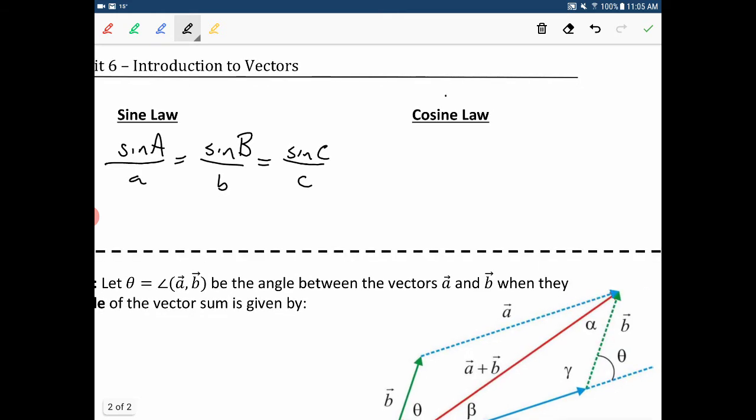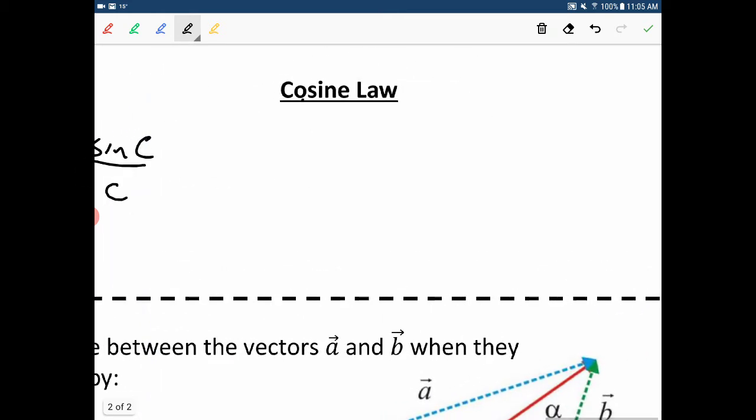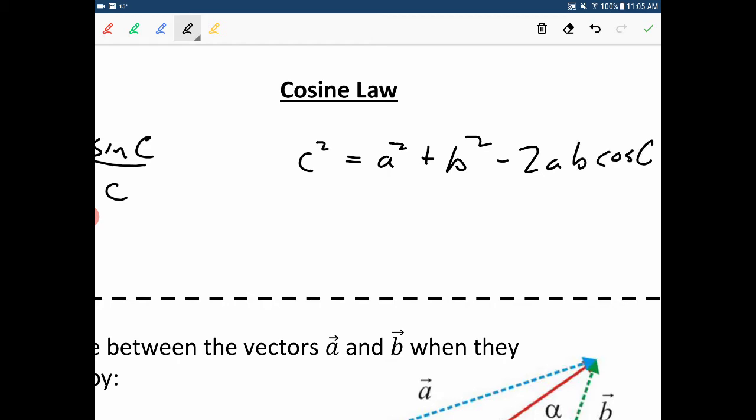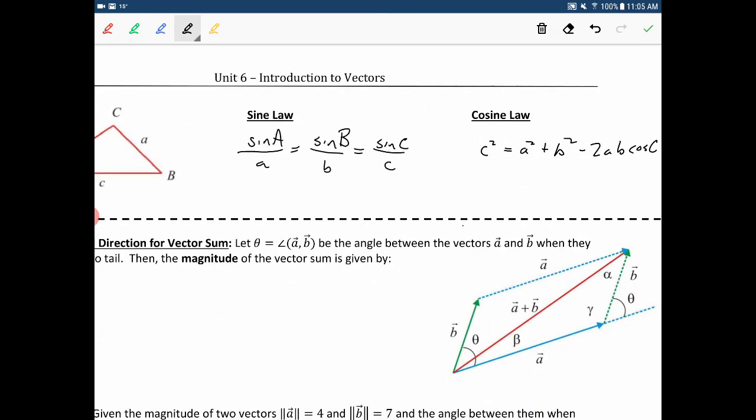But what's perhaps more important in this context is that you need to remember the cosine law, which is just that c squared is equal to a squared plus b squared minus 2ab cos C. And we can actually use that.